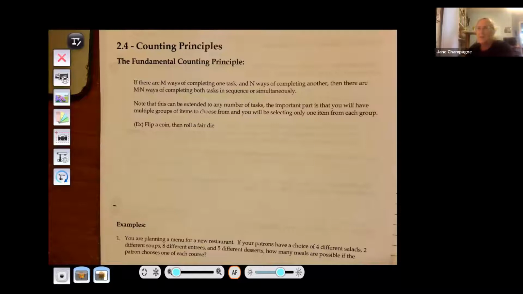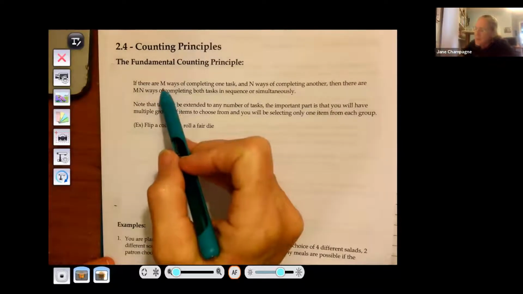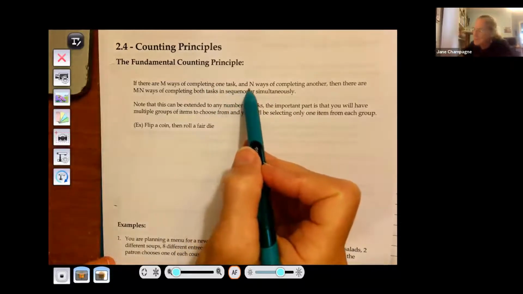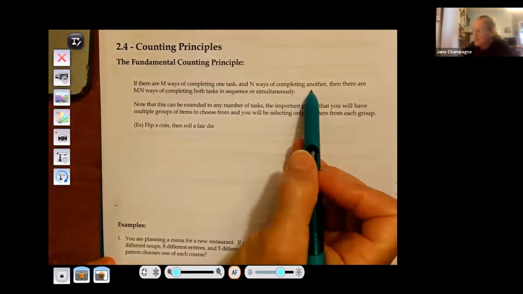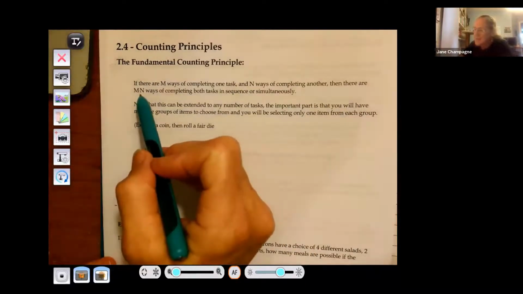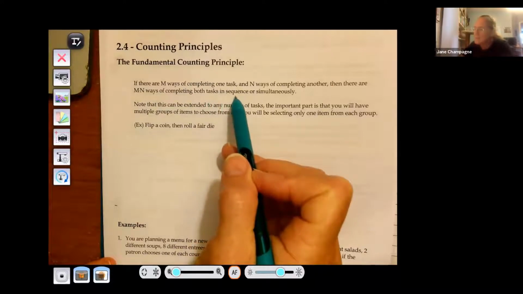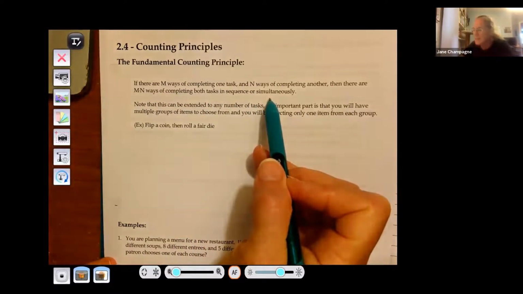All right, so back to counting principles. So we've got this fundamental counting principle. It says if there are m ways of completing one task and n ways of completing another, then there are m times n ways of completing both tasks in sequence or simultaneously.